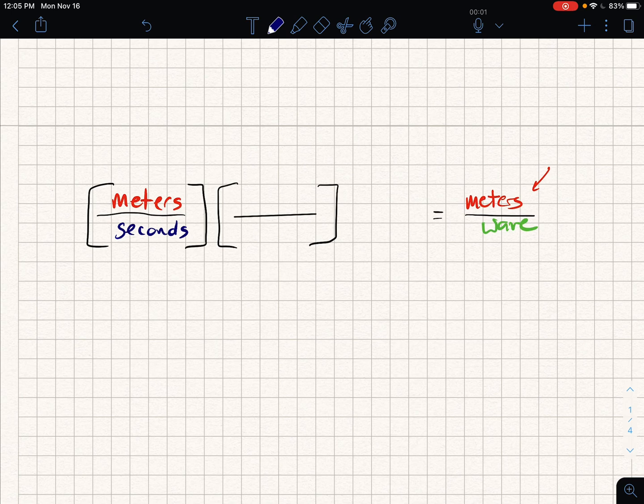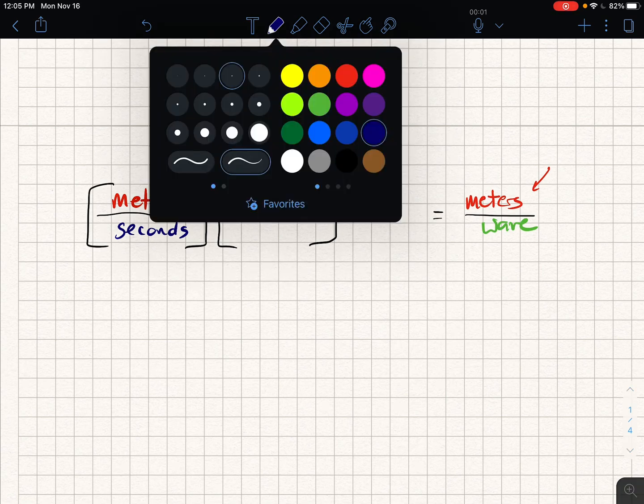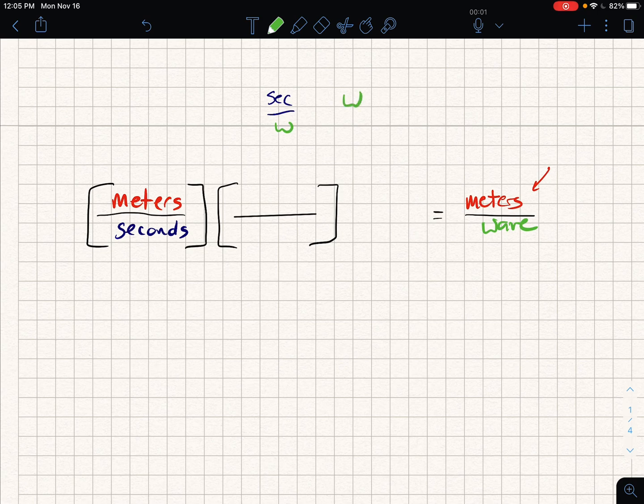So I need to multiply meters per second by something to wind up with meters per wave. I'm not changing the top, I'm just changing the bottom. So I'm either going to be multiplying this by seconds over wave or by wave over seconds, right? Because really what I need to do is convert seconds into waves right there.